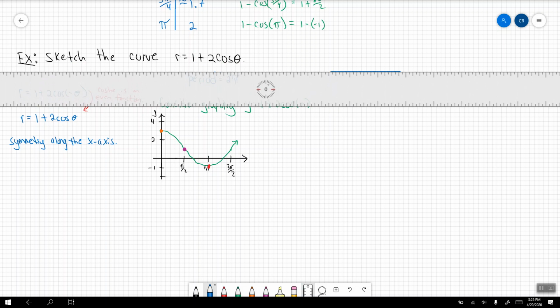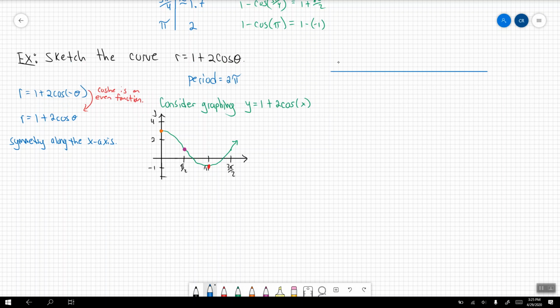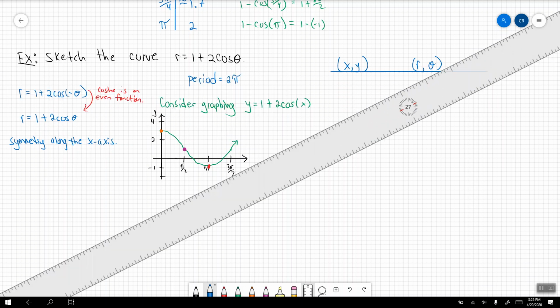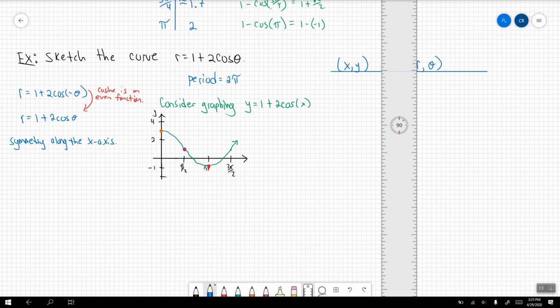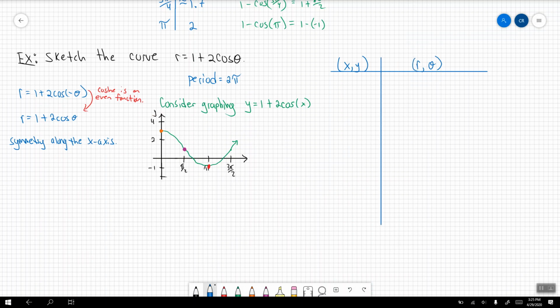Some ordered pairs x and y, and those are going to be here. And what I'm going to want to do is convert those into r comma thetas. Once I convert them into r comma thetas, then r comma thetas are the values that I'm going to be looking to graph in polar coordinate form.